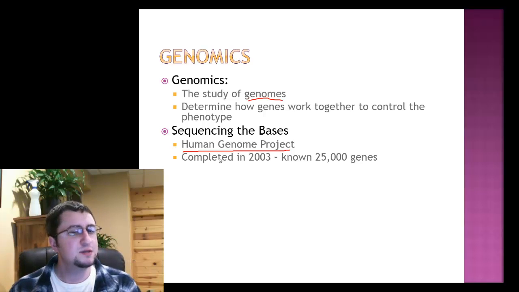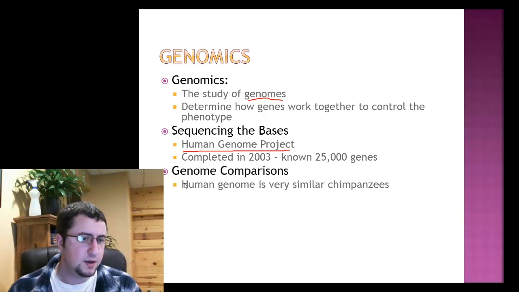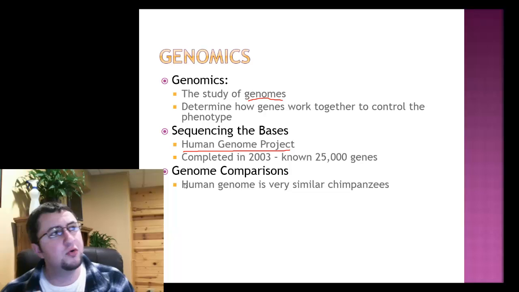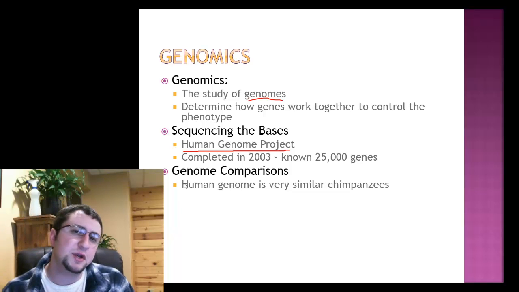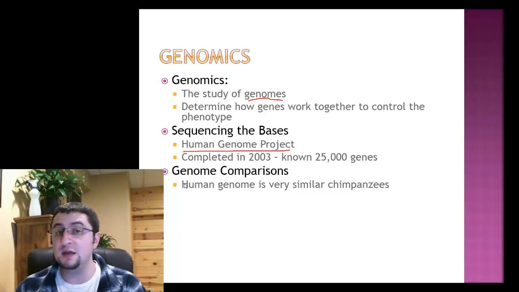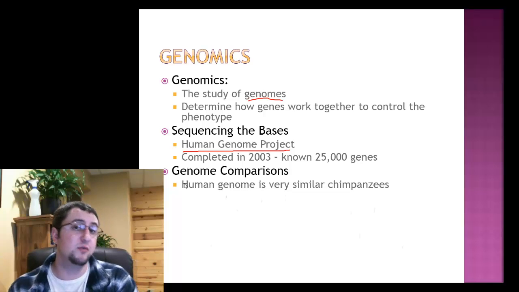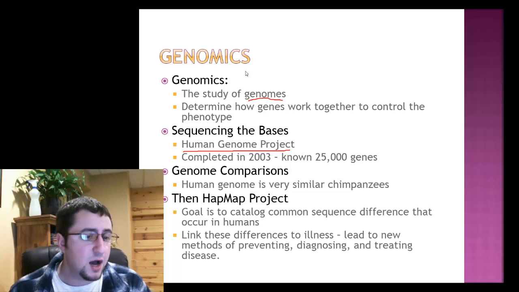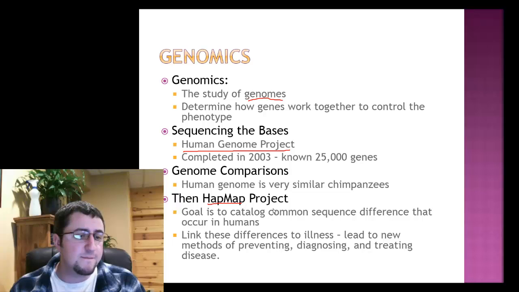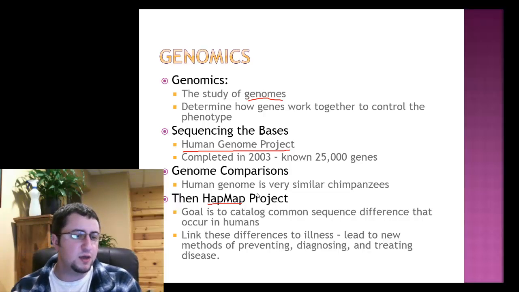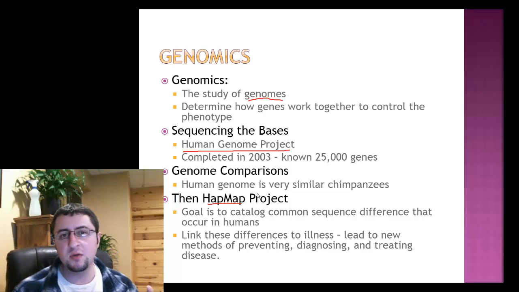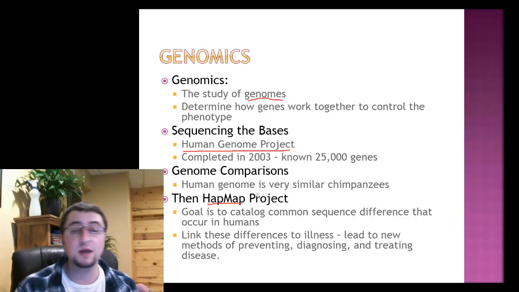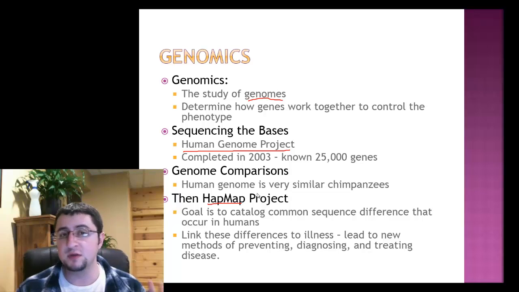We also like to compare our genome to, say, chimpanzees or some other very similar organism. And we've also been working on this HapMap project, where we compare my genome to another human being, and really ultimately find out those little differences.